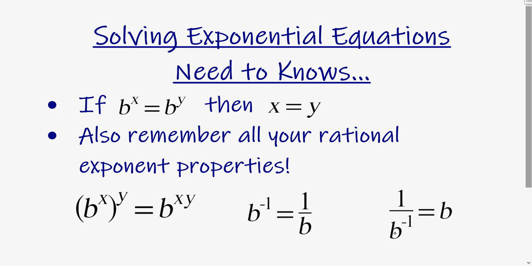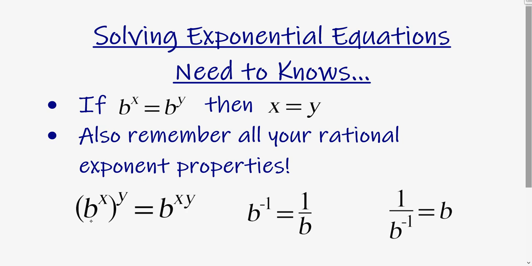So 1 over b raised to the negative 1 is b, or b over 1. 1 over b raised to the negative 2 would be equivalent to just b squared. Okay, so if we've got negative exponents, we should be able to handle that. And if we have power of a power that we can apply, then that could be a useful tool.